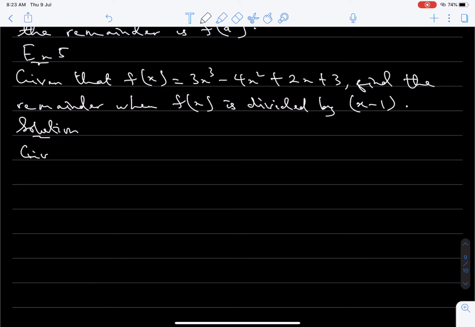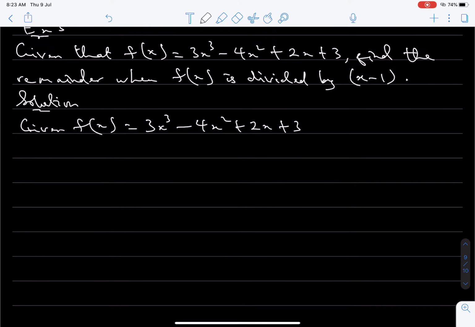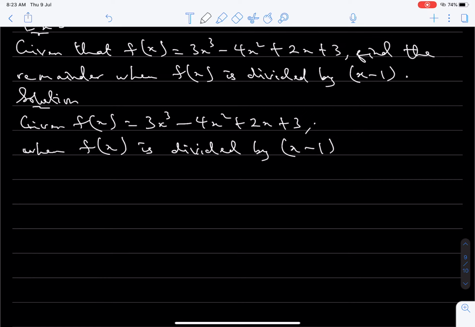So, given f of x equals 3x cubed minus 4x squared plus 2x plus 3, when f of x is divided by x minus 1, the remainder is f of 1.